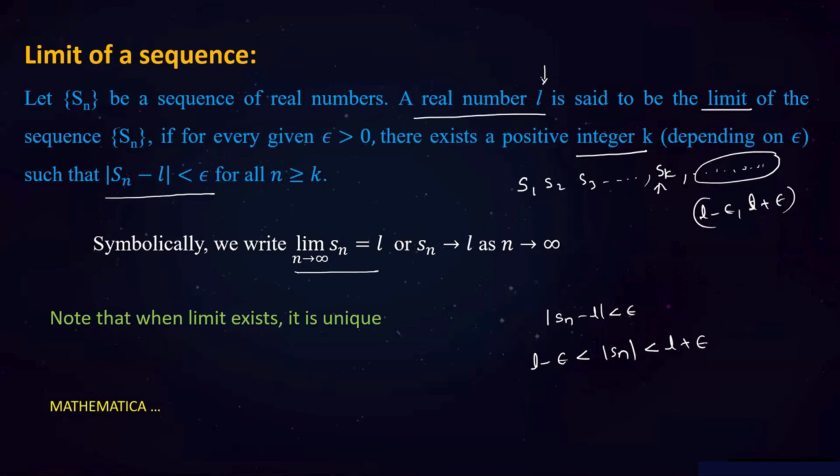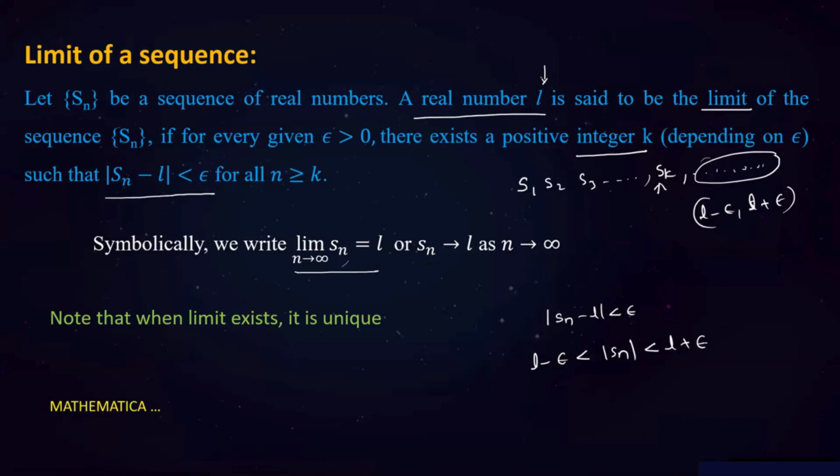And when n approaches infinity, if all the numbers of the sequence are around this number L, within a small neighborhood of L, then we say that the sequence has a limit, and it is L. We pronounce it like this: Sn tends to L as n tends to infinity.